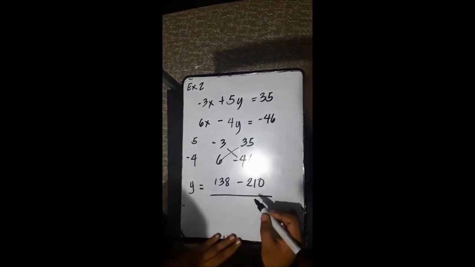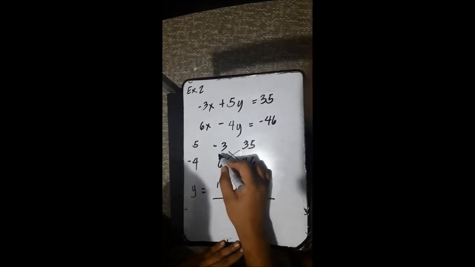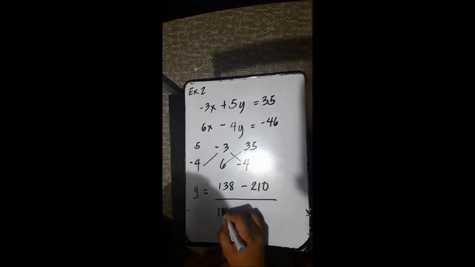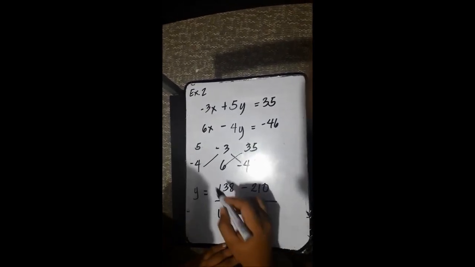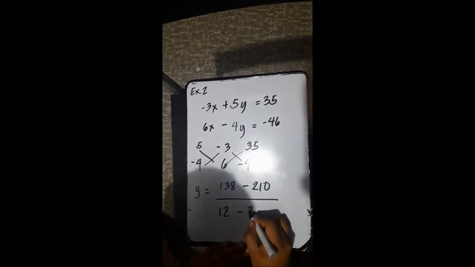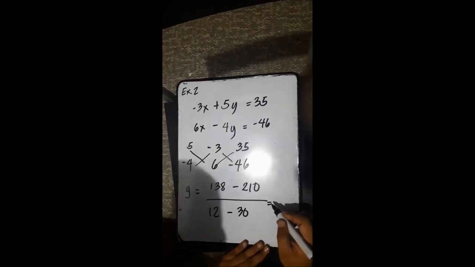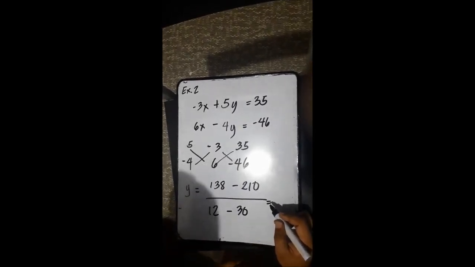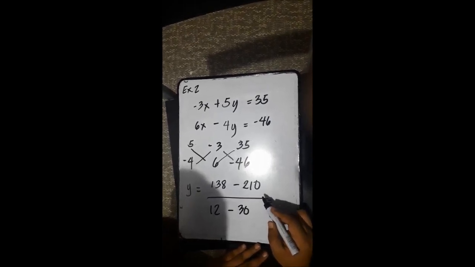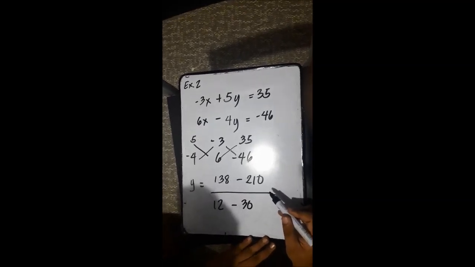Okay, for my denominator, I'll be doing the other cross multiplication. So that's negative 3 times negative 4. That gives me positive 12 minus 5 times 6. That's 30. And then simplifying the numerator, that's 138 minus 210.